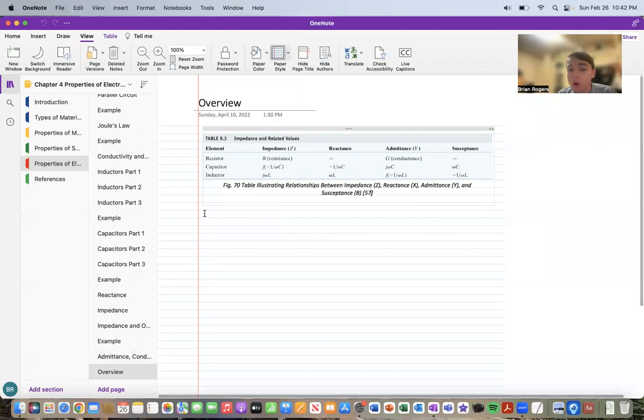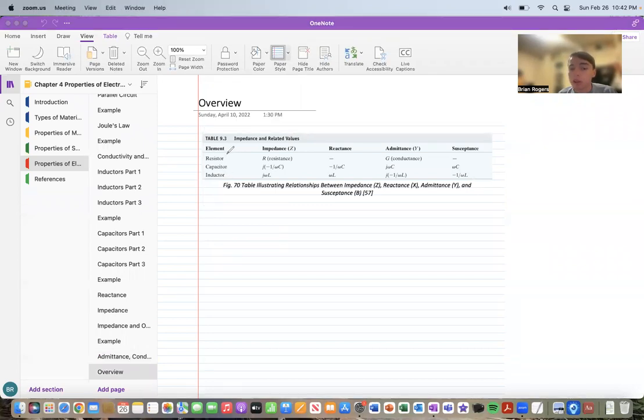Now, giving a whole overview, the three most common components you're going to find within electrical engineering are resistors, capacitors, and inductors. Looking at the impedance, a resistor has an impedance of R, a capacitor has an impedance of negative j over omega C, and an inductor has an impedance of j omega L. And so when we talk about these, capacitors and inductors have reactance, but resistors don't. They have a real part and no imaginary part.